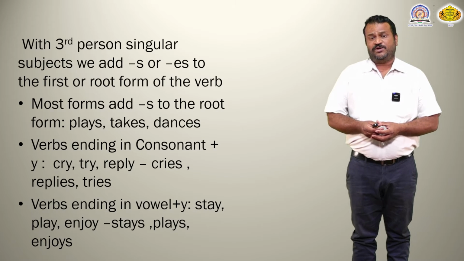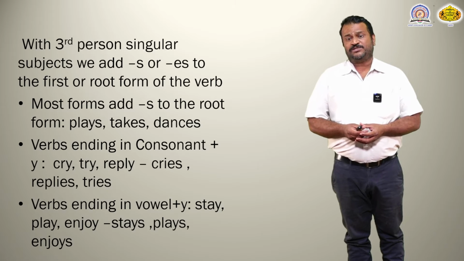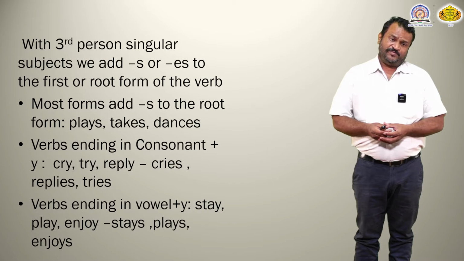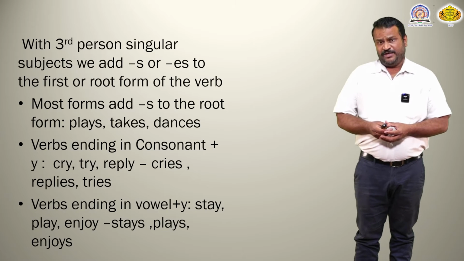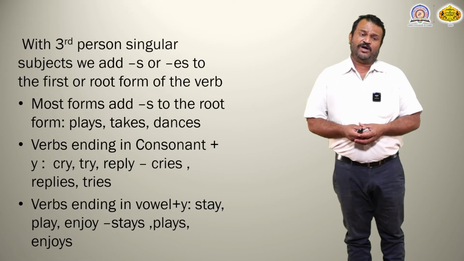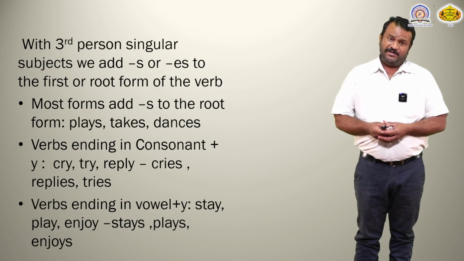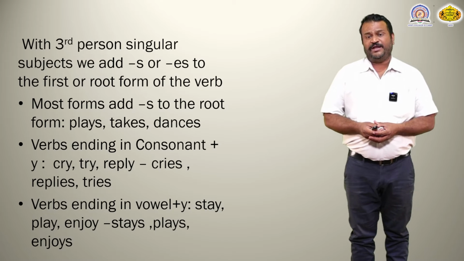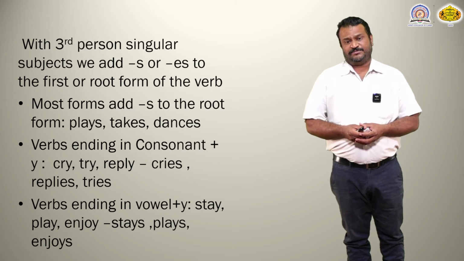And we also use verbs ending in the vowel plus y. We add only s. The simple rule is that if there is ay or oy at the end of the verb, we should just add s. For example, play becomes plays.